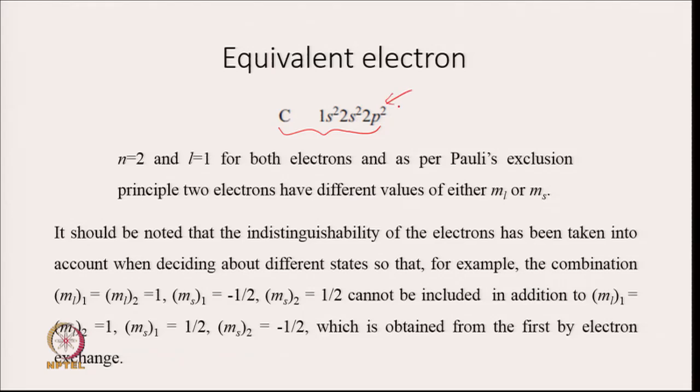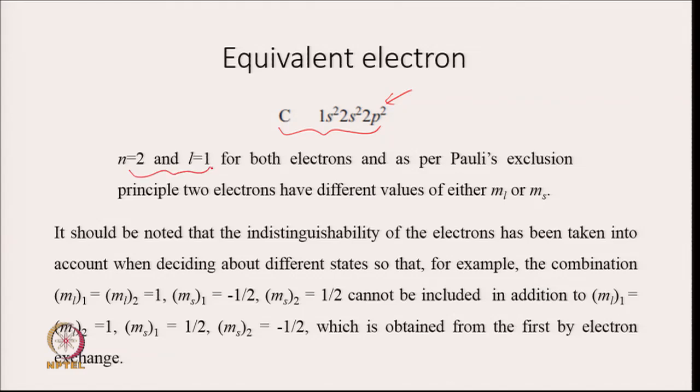In the ground state of carbon there are 2 electrons in level p, or level 2p. These electrons have the same value of n and the same value of L, and so they are equivalent electrons.